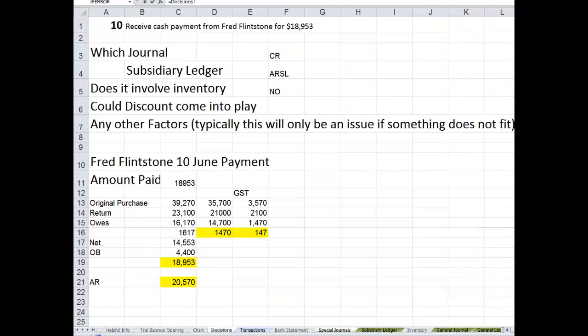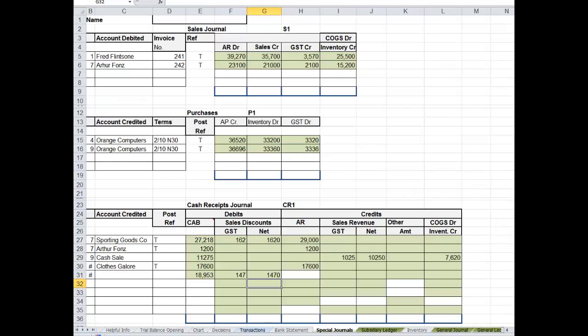Net of GST 1470, and we can just add all of those up, or we can go and see what the amount was. They should both be the same. So 2570. They've all gone green. Now this was for Fred Flintstone.